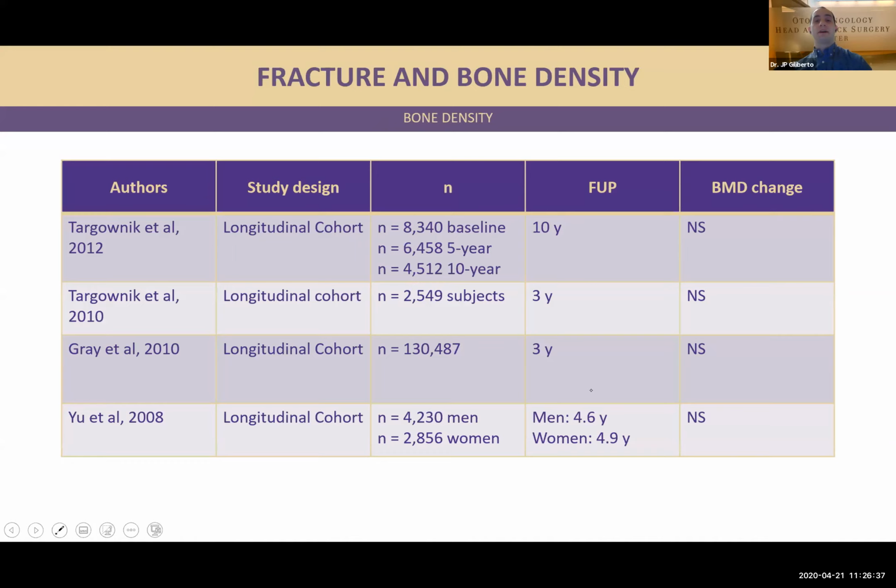This has similar findings to a number of other studies which showed no significant risk of bone mineral density change, and some of them were even larger studies, although they weren't as frequent in their bone mineral density assessments, but very consistent data that PPIs do not affect bone mineral density.